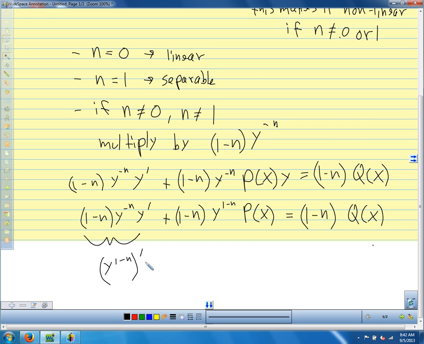The derivative of y to the 1 minus n is 1 minus n, y to the minus n, and we're saying y is some function of x, so y prime. And I still have this 1 minus n, y to the 1 minus n, p of x, equals 1 minus n, q of x.